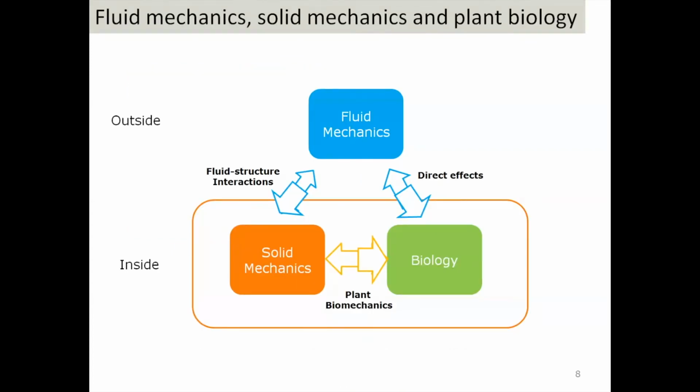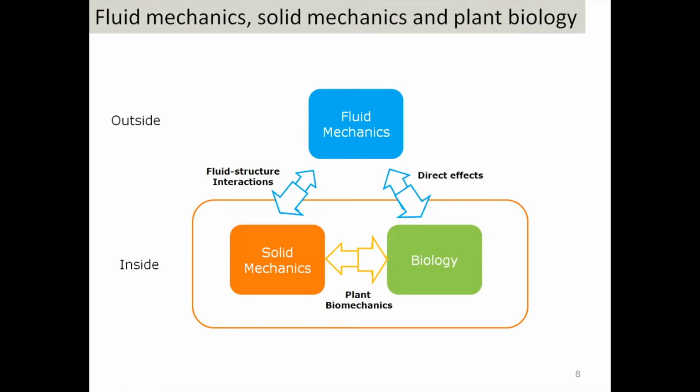So to be a bit more specific about what I'm going to talk about, we have some fluid mechanics, we have some solid mechanics, and we have some biological aspects. In the plant there is some fluid mechanics which I'm not going to talk about, but I'm going to consider the plant as a solid. And of course, the interaction between solid mechanics and the plant biology is the topic of plant biomechanics.